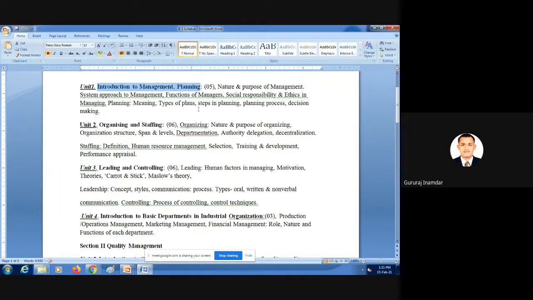All these factors are included in the planning, and we have to manage all of them.